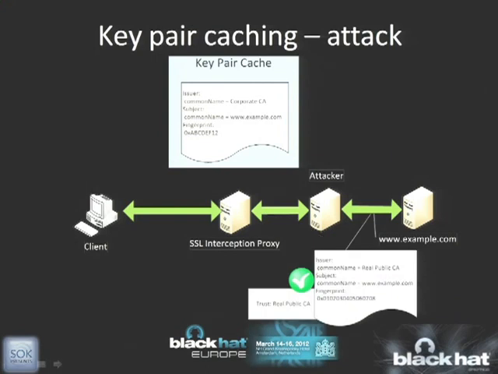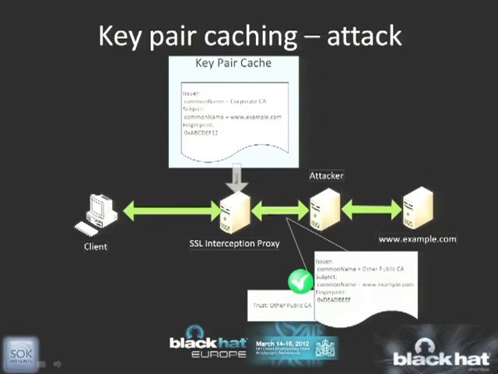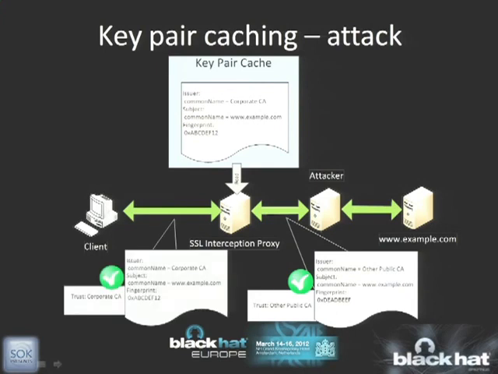The attacker is inserting a certificate with a different fingerprint. But if the proxy's cache is based solely on the subject name, it's going to still see that that certificate is valid for that name. So it's going to read the certificate from its cache and present it to the client. What happened here is that the certificate presented on the outside of the proxy on the server-side session changed, but the client's still receiving the same certificate. So that could be a problem.